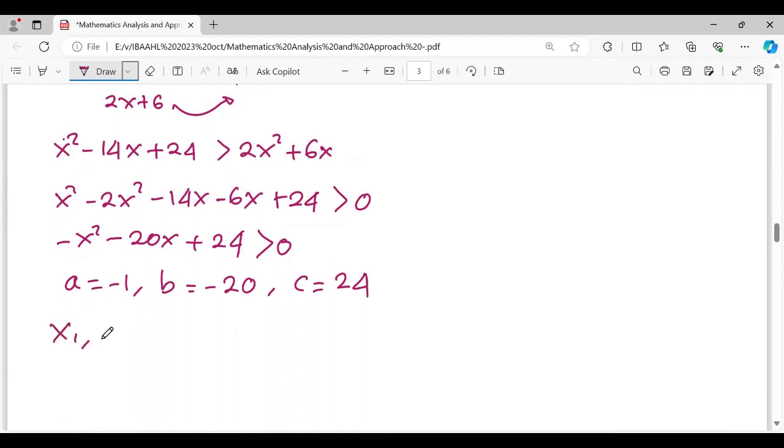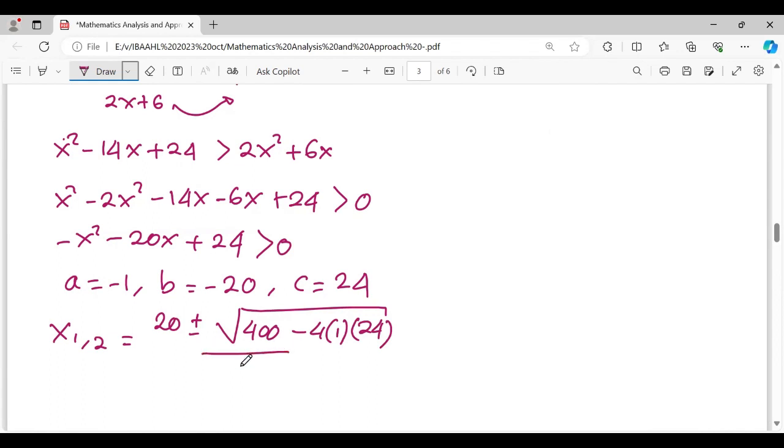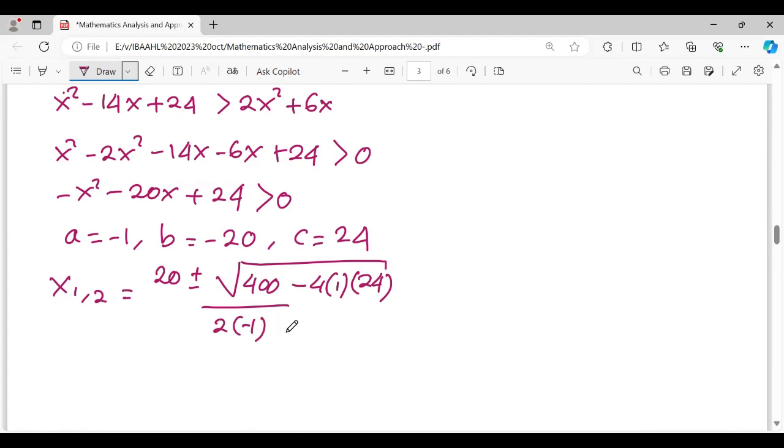So x1 and x2 equals 20 plus minus the square root of 20 squared, which is 400, minus 4 times minus 1 times 24, over 2 times minus 1.